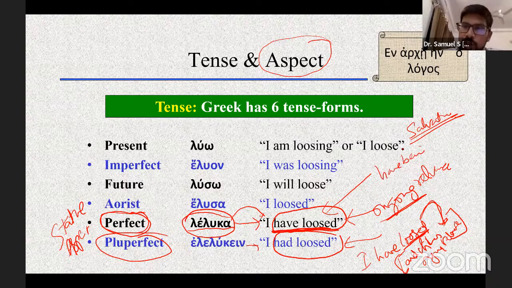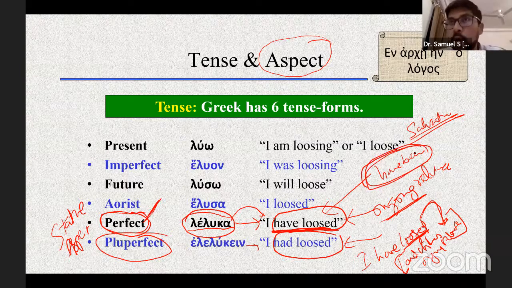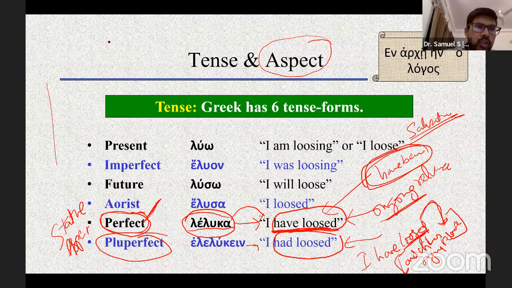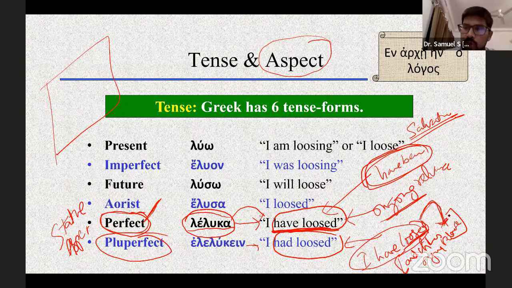And in the English, it doesn't communicate that there is ongoing relevance. But now when we know that this is in the perfect tense form, we need to understand in our minds there is ongoing relevance. Now, what that ongoing relevance is, there's no hard and fast rule saying I have loosed means that even now it's loose. No, not necessarily. What is that ongoing relevance?